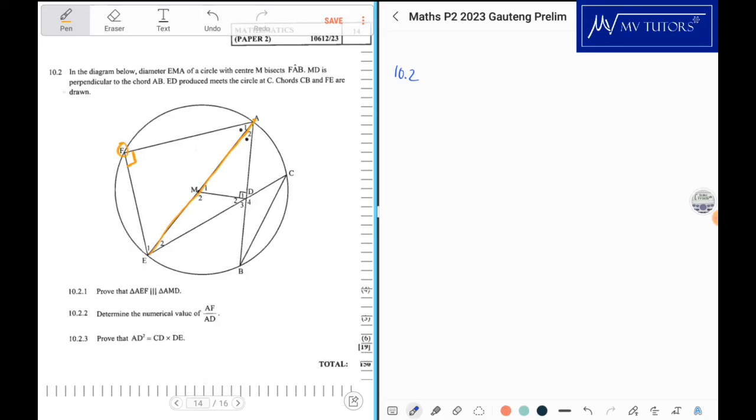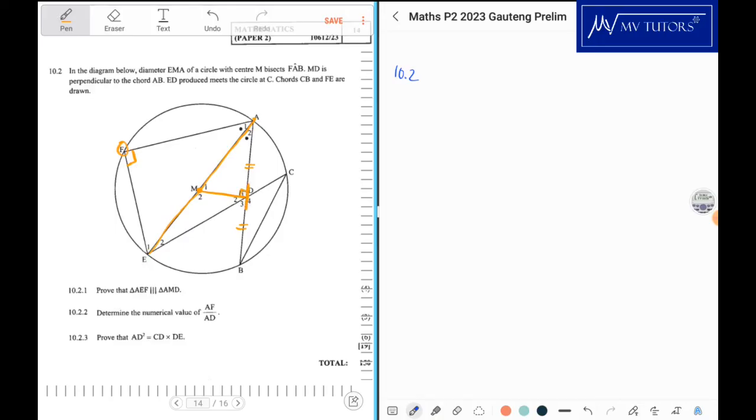All right, so now MD is perpendicular to the chord AB. So MD, perpendicular, yes. So a line from the center to a chord bisects the chord. Okay, and it's also perpendicular to the chord.